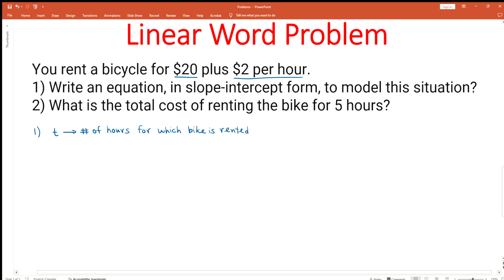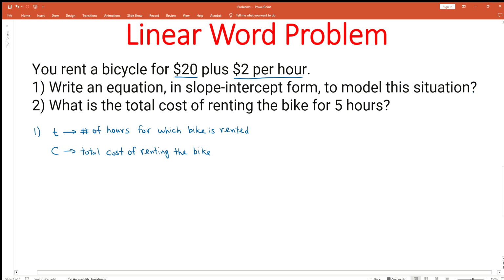We can use variable c for total cost of renting the bike. The total cost includes the fixed cost and the variable cost.